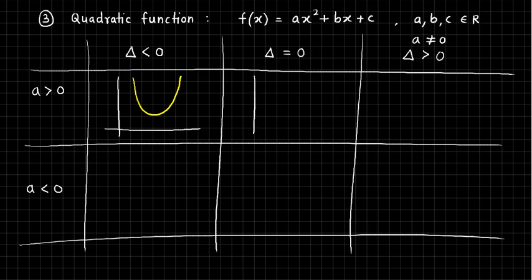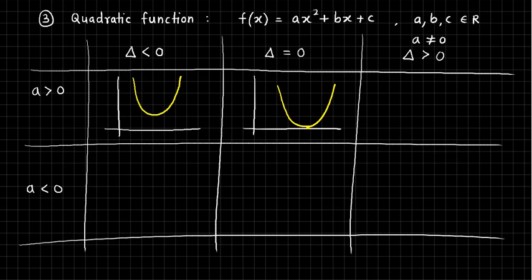Now if we consider the next case, that is delta equal to 0, then we know that we get two real and equal roots. So therefore we have the graph touching the x-axis at one point. Alright.